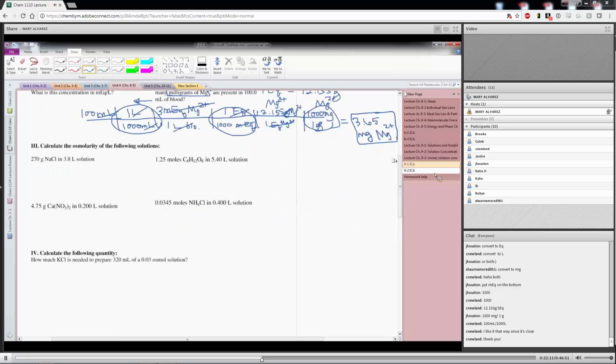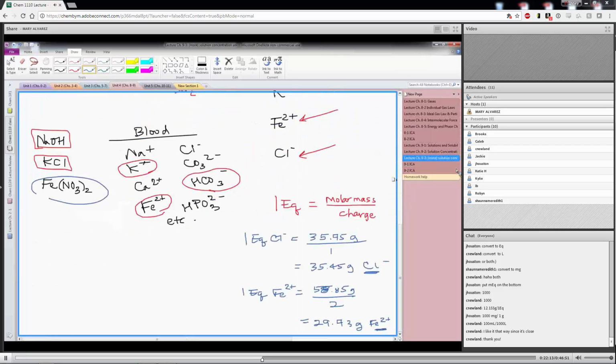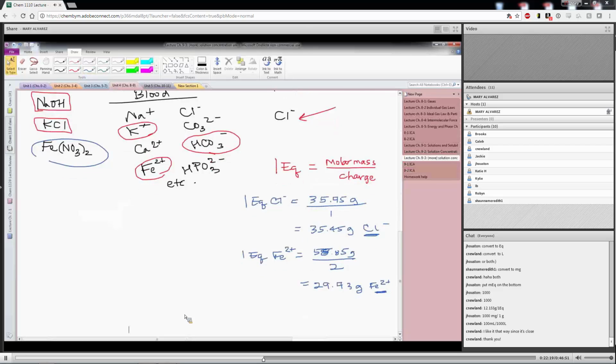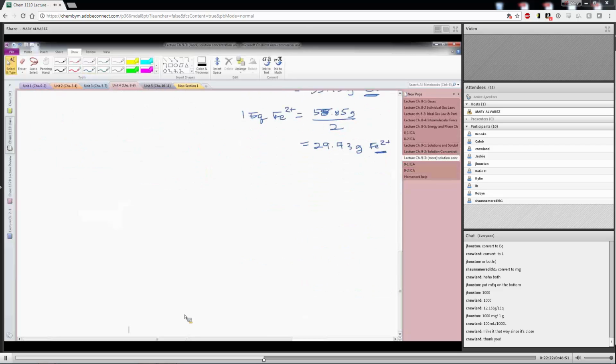All right, let's talk about osmolarity. Because we want to make sure that we cover all of this, and this is where it starts getting fun. Well, I mean, it's already fun, right? Where might we see units of osmolarity?